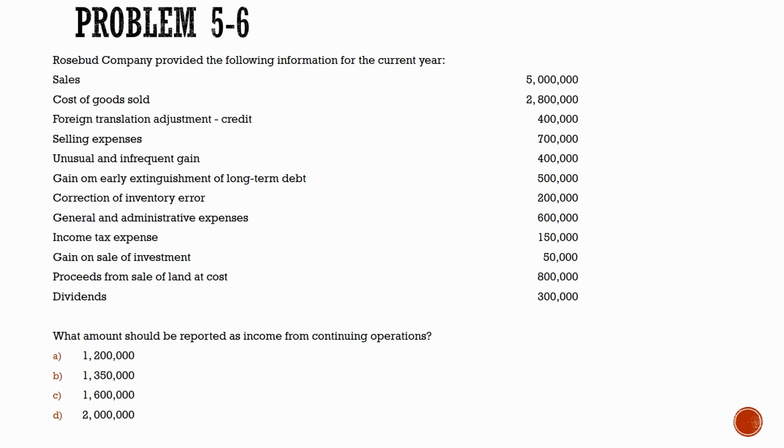Sales ay 5 million, cost of goods sold 2,800,000, foreign translation adjustment with credit balance na 400,000, selling expenses 700,000, unusual and infrequent gain 400,000, correction of inventory error 200,000, general and administrative expenses 600,000, income tax expense 150,000, gain on sale of investment 50,000, proceeds from sale of land at cost 800,000, dividends na 300,000.